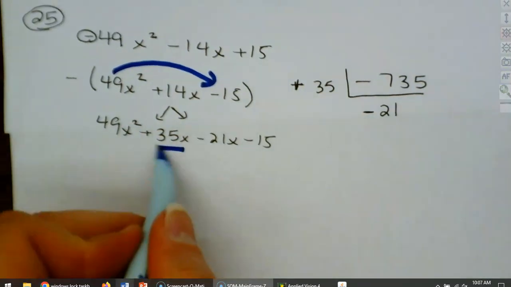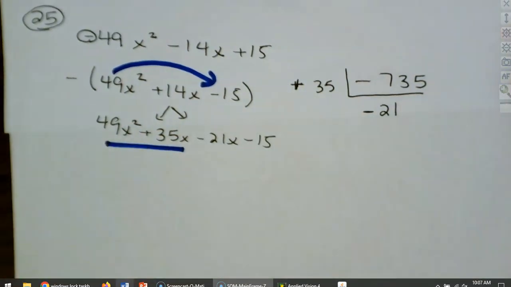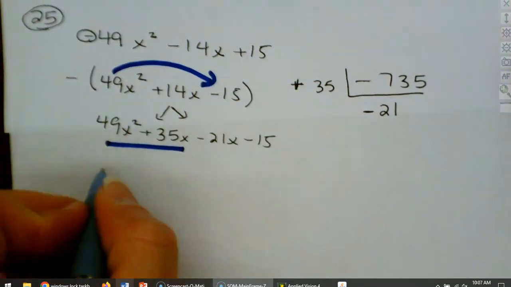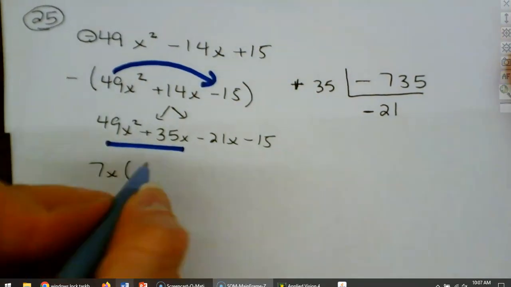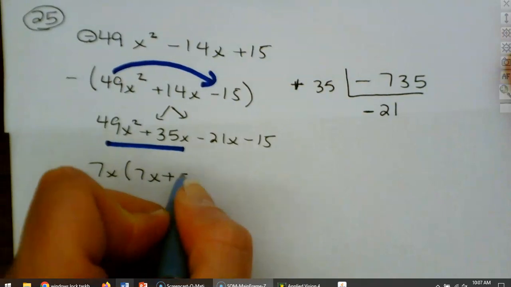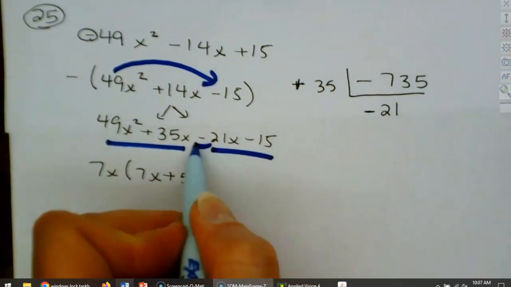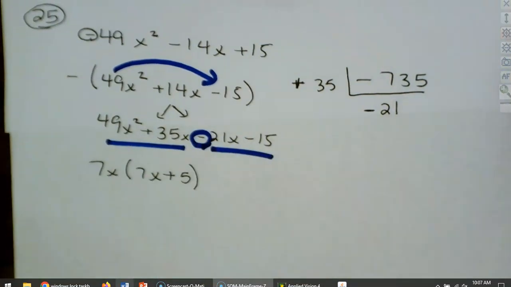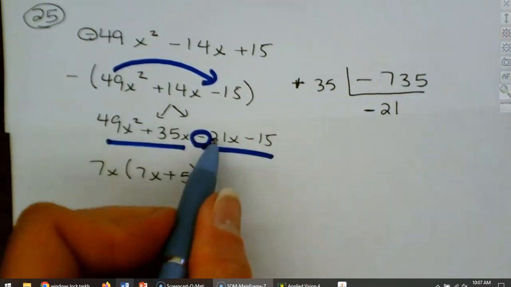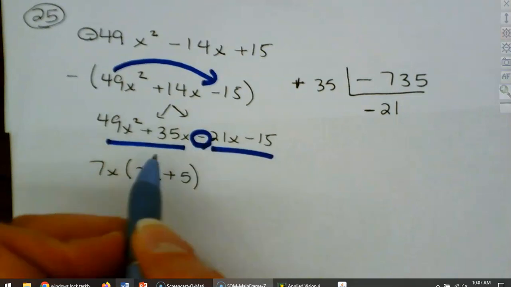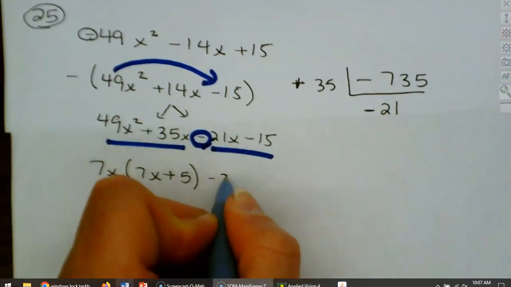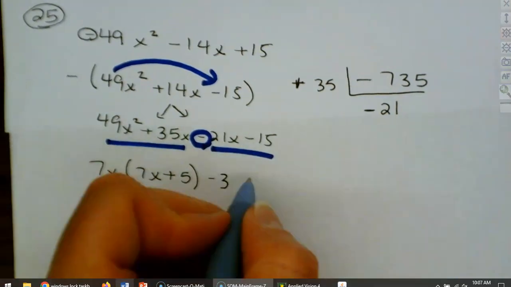What can I factor out of the first two pieces? These have a 7 in common and an x. So that leaves you with a 7x plus 5. The next two pieces, it begins with a negative. We need 21. We have a 7. So 21 divided by 7 is a 3. So I'm going to factor out a minus 3.